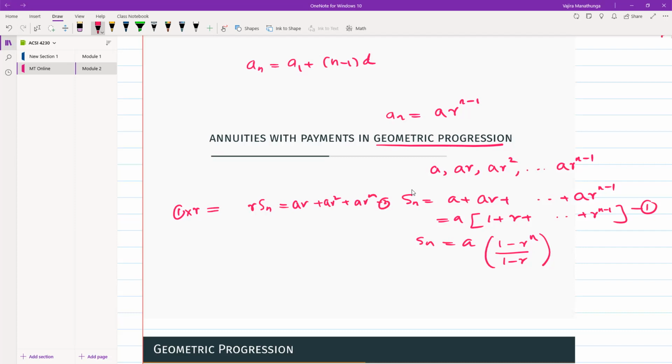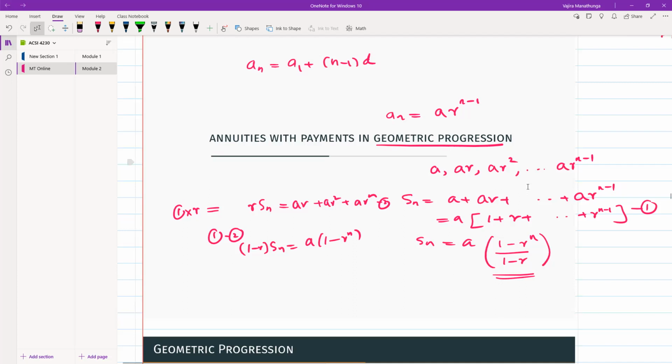This would be equation 2. Then you subtract 2 from 1, and that would be (1 minus r) times Sn. By the way, I told you I'm not going to prove it, but now I'm proving it. So anyway, you end up with a times (1 minus r^n), and then you get this nice equation. So that's the sum of a geometric progression.